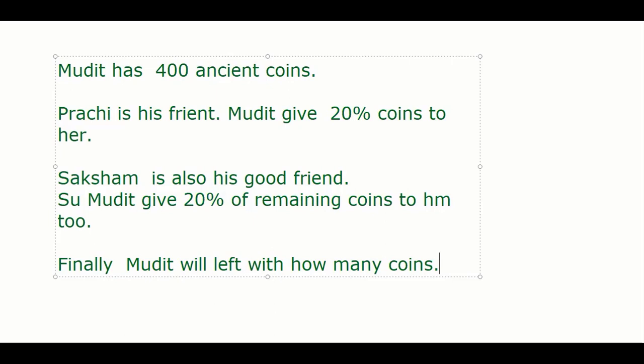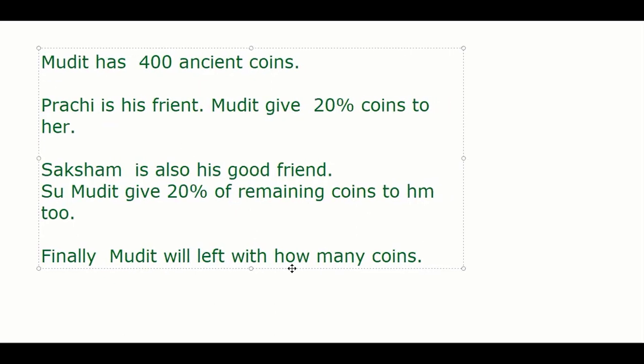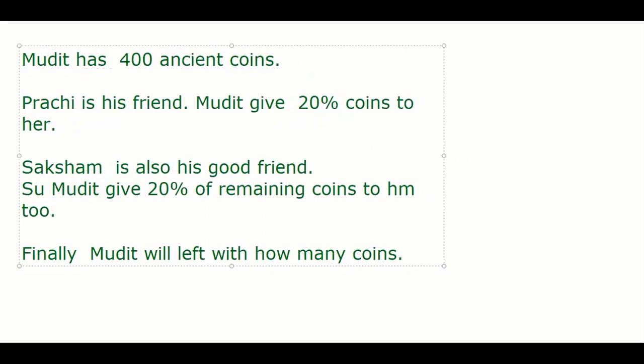Saksham says 200. Okay, let's see. So everybody will solve, and finally the answer will be given by Mudit, and Mudit will explain to everyone else. Shia says 16, Saksham says 200. Keep writing answers. Guys, 20% is not as easy as you think.